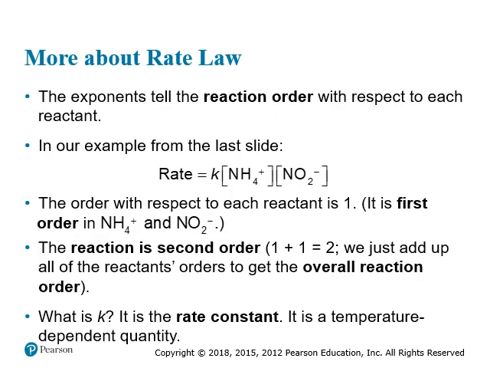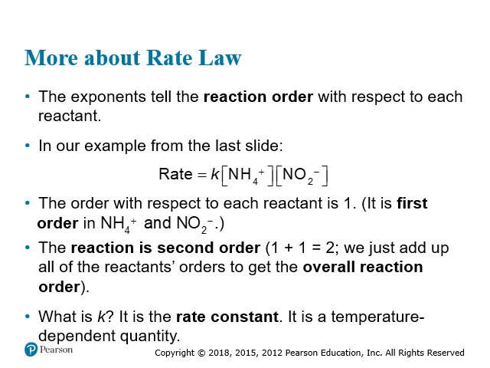Now, once again, it should be noted that those exponents, the x and y that we previously saw in the rate law expression, tell the reaction order with respect to each individual reactant. We saw that the reaction was first order in ammonium. It was also first order in nitrite.